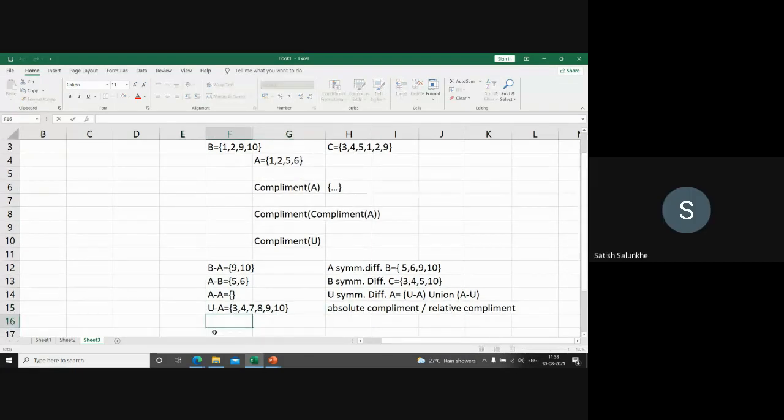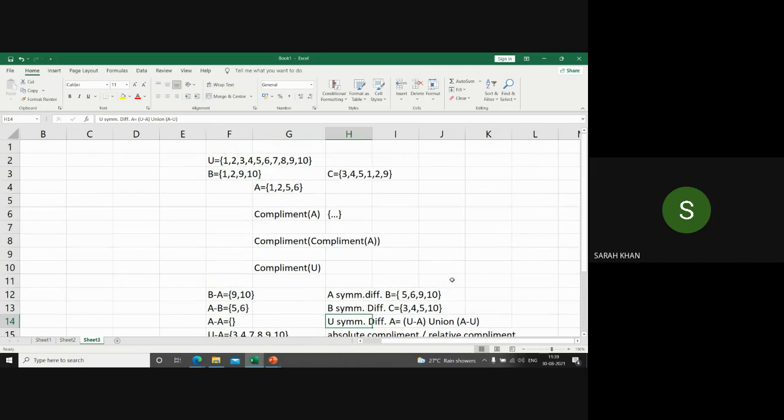So what is A minus U? We already found U minus A. Come on, tell me quickly. Null set. And now what we want is U symmetric difference A, that is U minus A union A minus U. So what will be the answer? It will be 3, 4, 7, 8, 9, 10 and the null set.